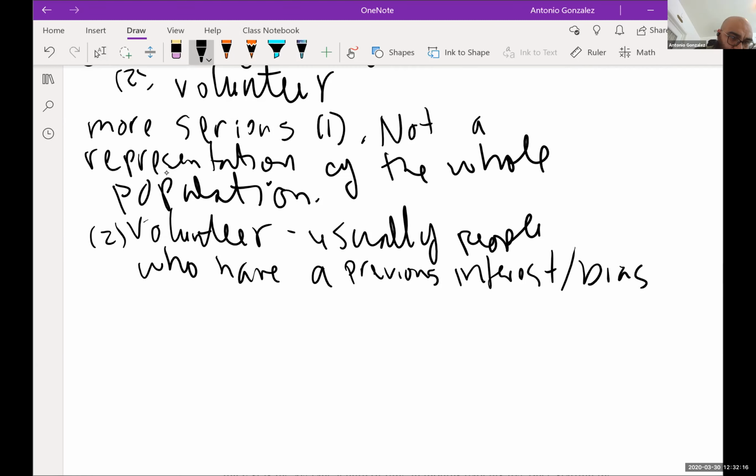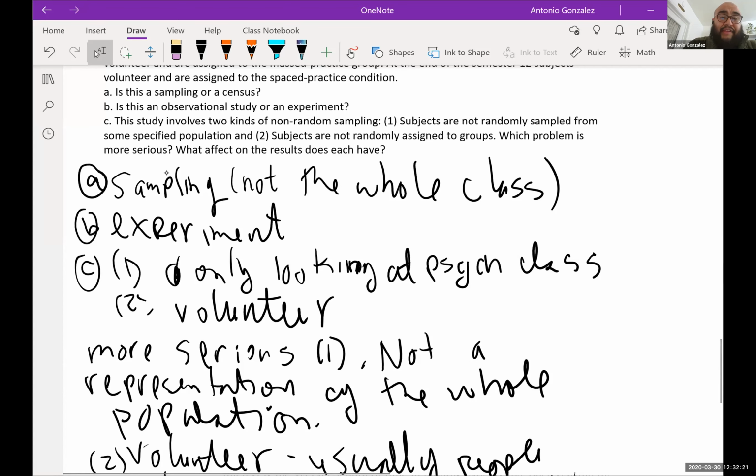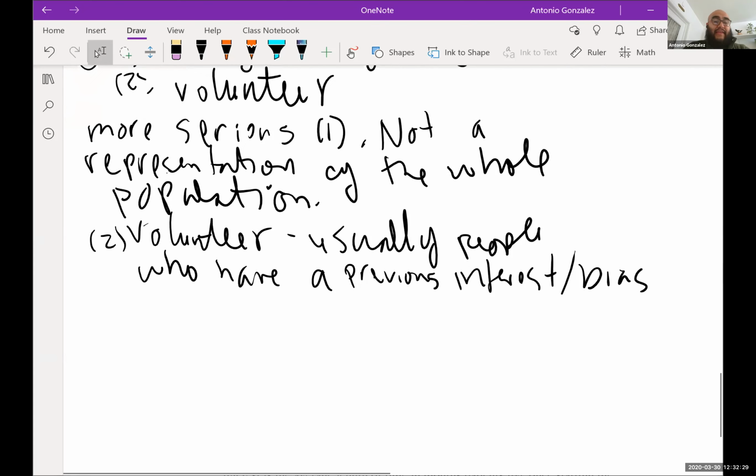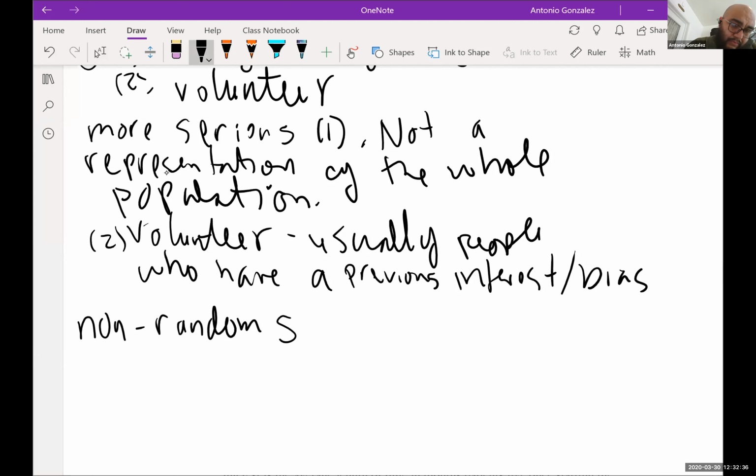If we look at the way this is structured, this study involves two kinds of non-random sampling. The first kind is that the sample... So let's say that we wanted to conduct this experiment. A way to eliminate bias and have a more representative sample would be some kind of random sampling of our entire population.